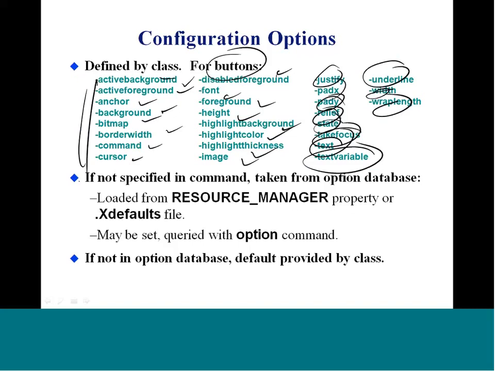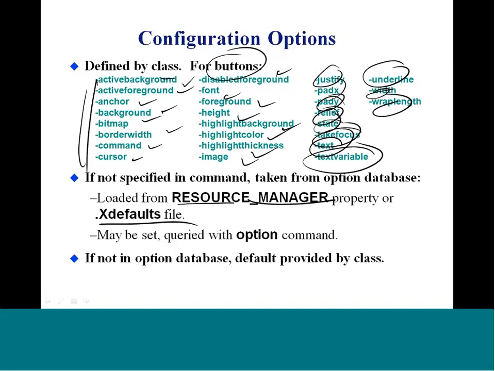The options are not specified in a command. They are taken from an options database, usually the resource manager property or the xdefaults file. So once you have the button defined, if any configuration option is not specified on the command line, it takes it from the resource manager property or xdefaults file.